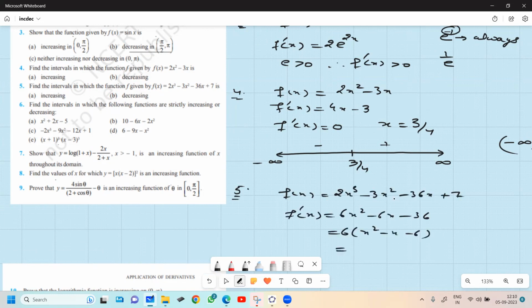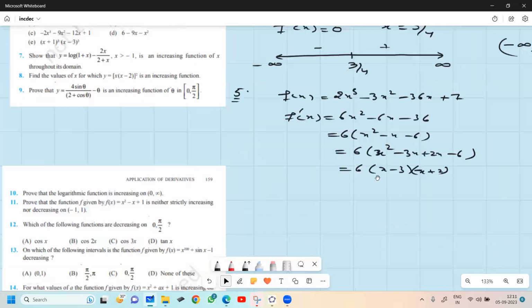If I make the factors, it is x square minus 3x plus 2x minus 6. So what will be the factors? x minus 3 and x plus 2, right? If I make f dash x equal to 0, what are the points? The turning points. x is equal to minus 2 and 3, right?